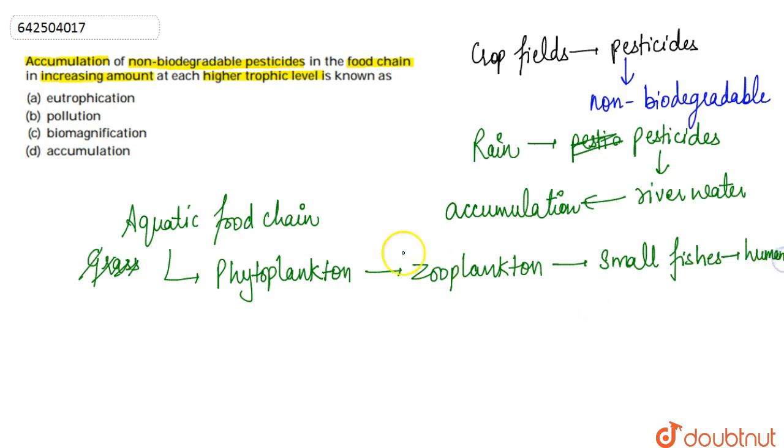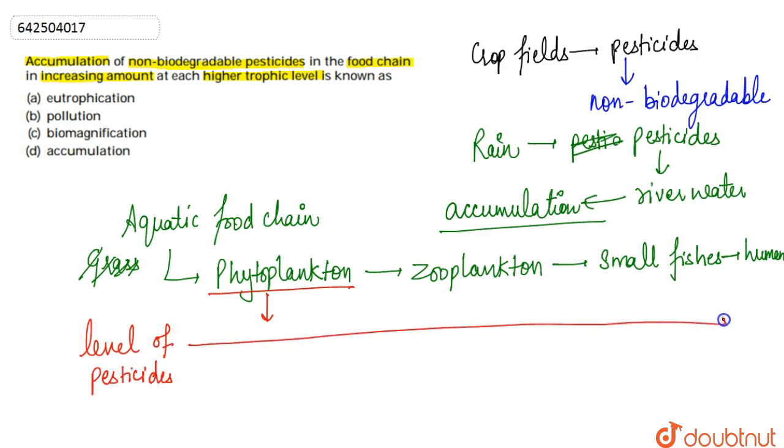When these pesticides get flushed into the river water, their accumulation takes place. The phytoplanktons absorb these pesticides, and the level of the pesticide keeps on increasing as the trophic level of the food chain increases.